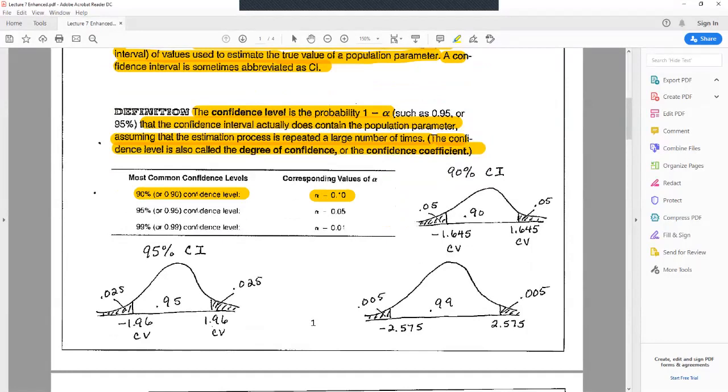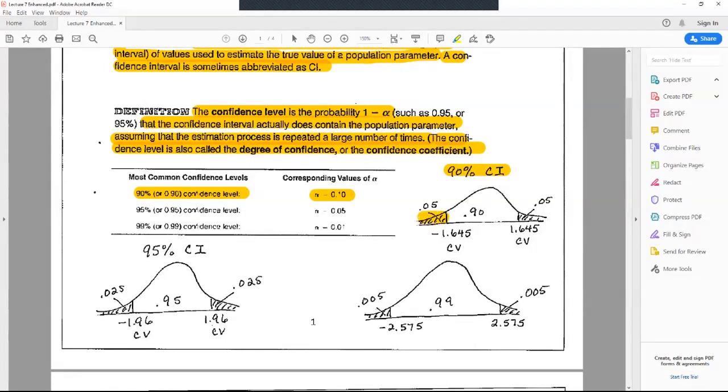If you look to the right, where we're talking about a 90% confidence interval, notice that 90% is in the middle, so to speak. If 90% is in this mid-region, then the tails have to total 10%. If you have 90% in the middle, that leaves you 10% left over. And if you split the tails evenly, each tail would be 5%.